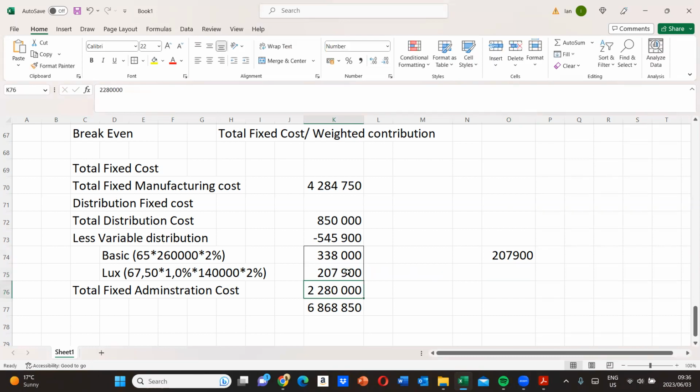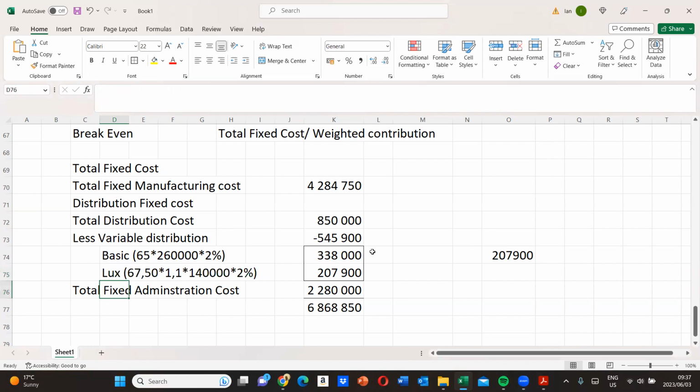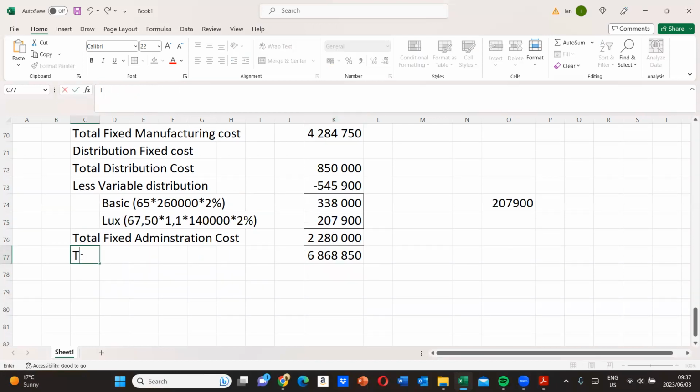So that's the variable distribution cost for Lakhs. All right, so there we go. So we're supposed to be sitting at this balance there. And so that being said, we have our total fixed cost.